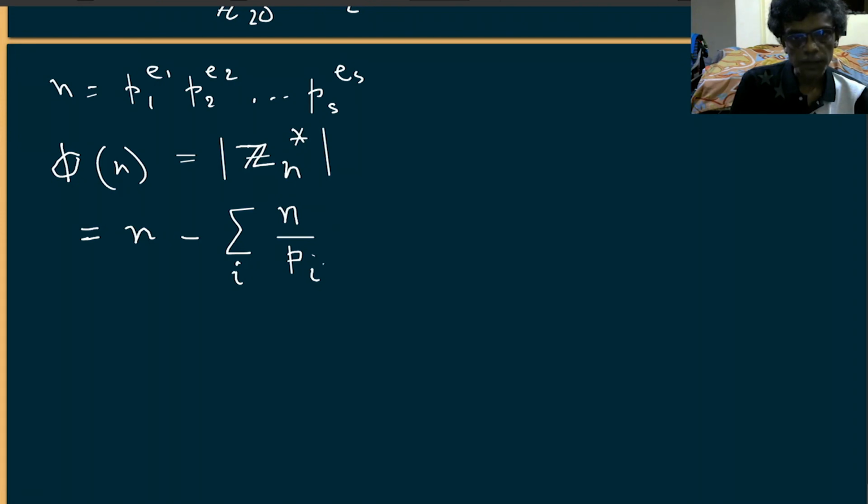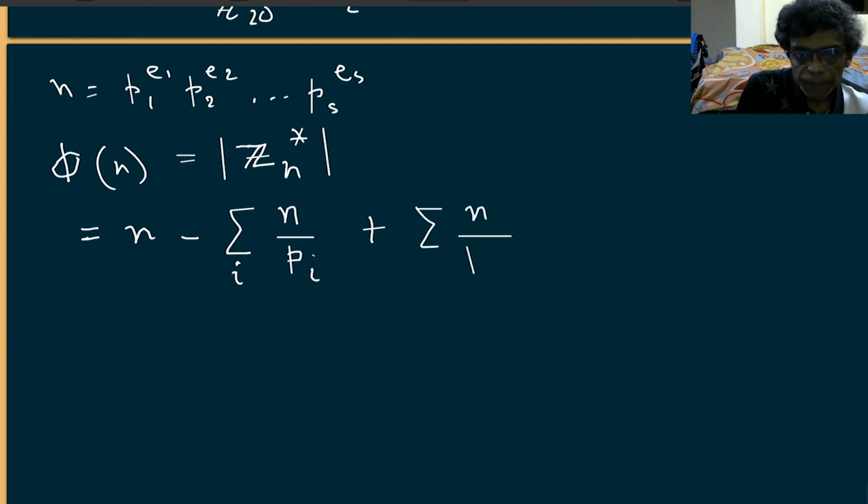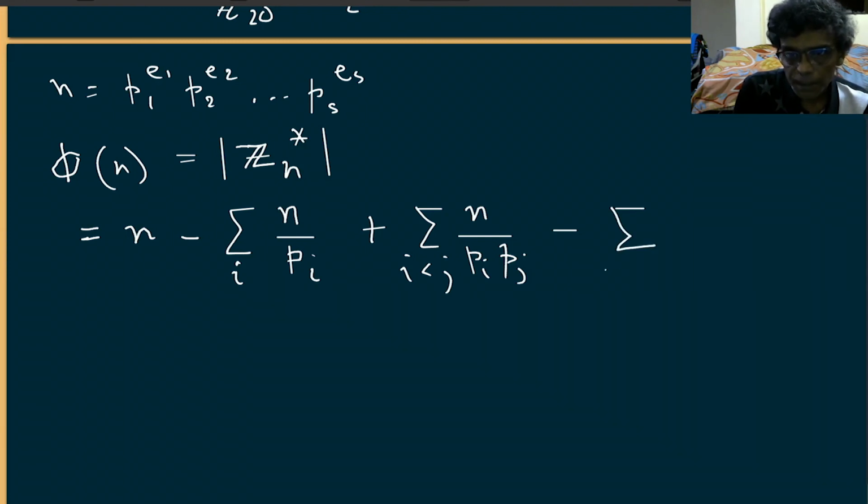So I have to add them back: n over pi pj, i less than j. And this will continue, right? Minus a triple sum over all i, j, k, n over pi pj pk, and this will continue. Okay.